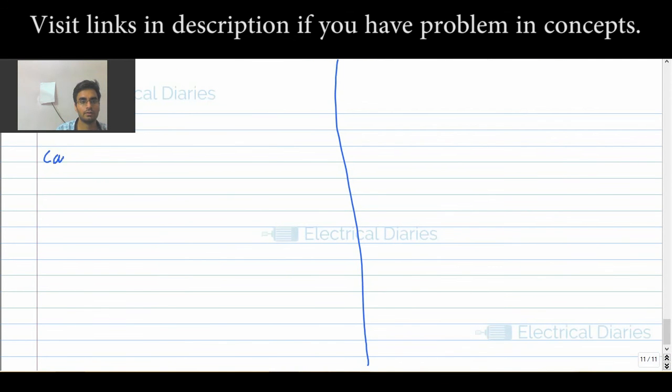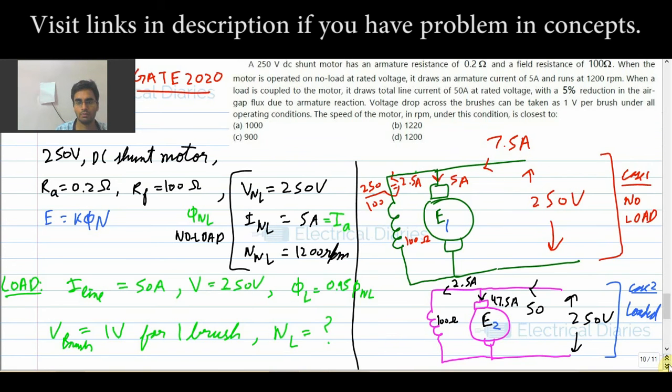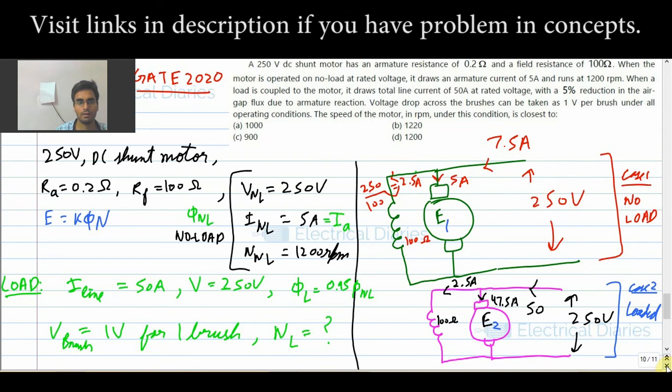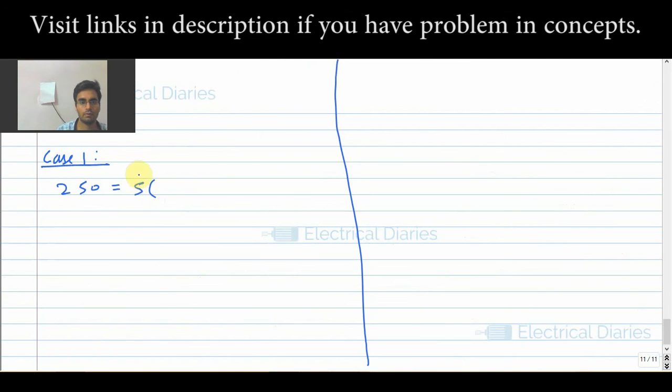For case 1, if we write the KVL in the motor loop, and I hope you know this, it will be 250 is equal to 5 into RA, which is 0.2, plus E1. So your E1 will come out to be 250 minus 1, that is 249 volts.